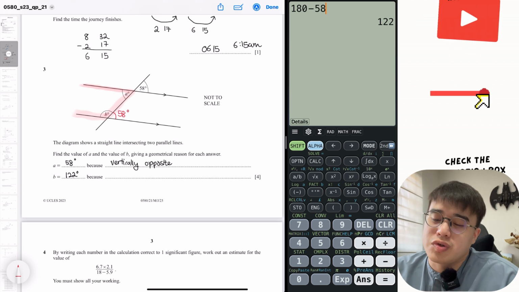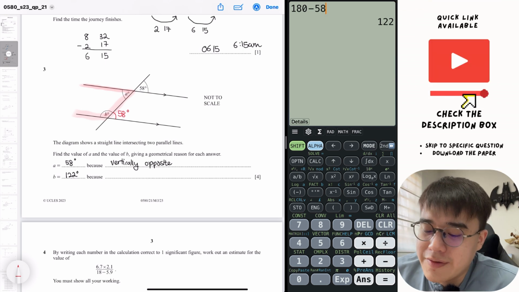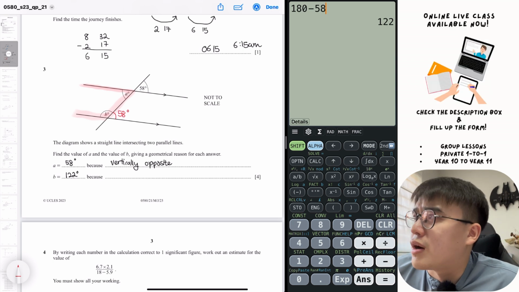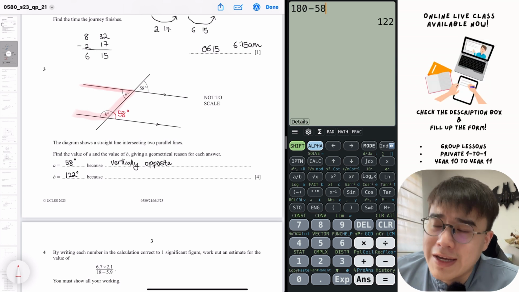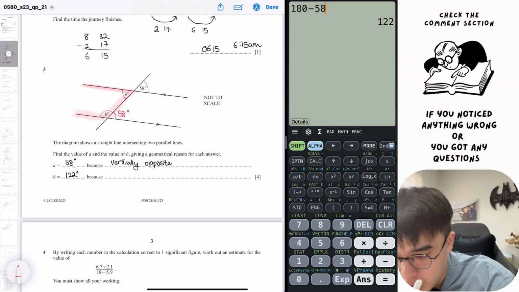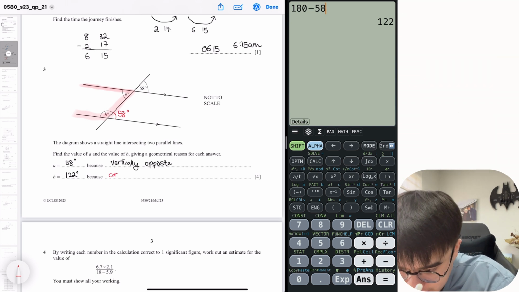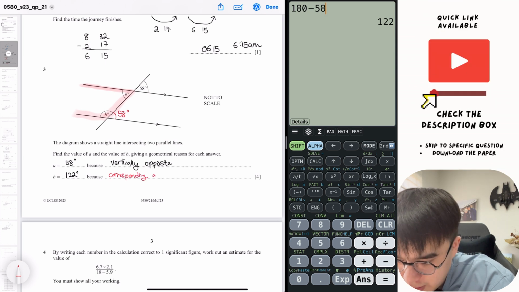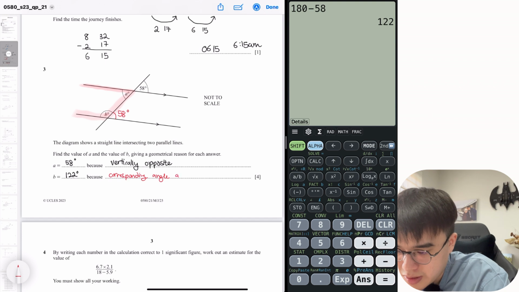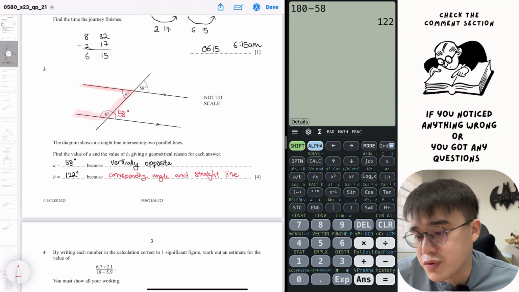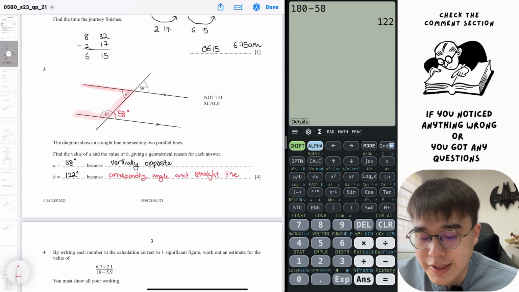If you wanted to use 180 minus 58, then you have to mention the term interior angle of two parallel lines. You have to write that down. So for me, I use corresponding angle and straight line. Up to you how you want to write it. There's no right or wrong in this question here.